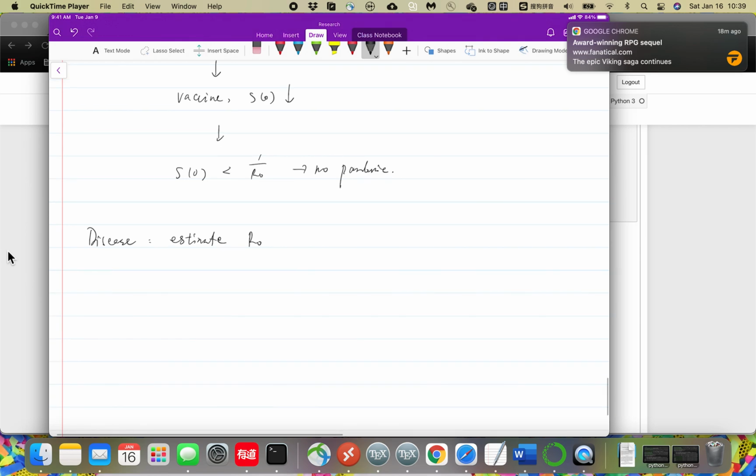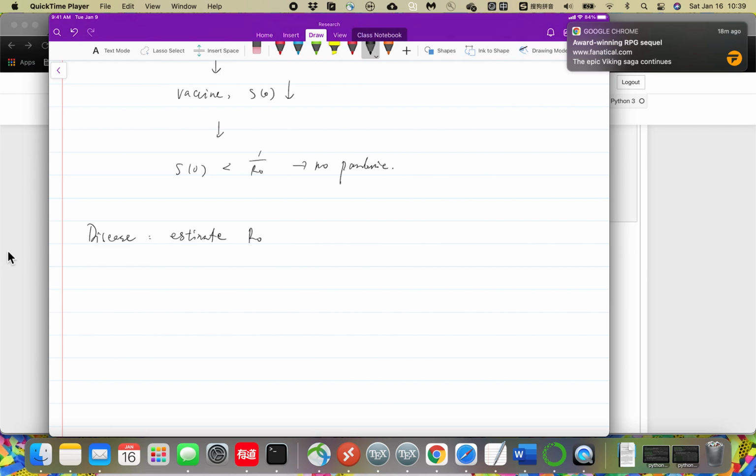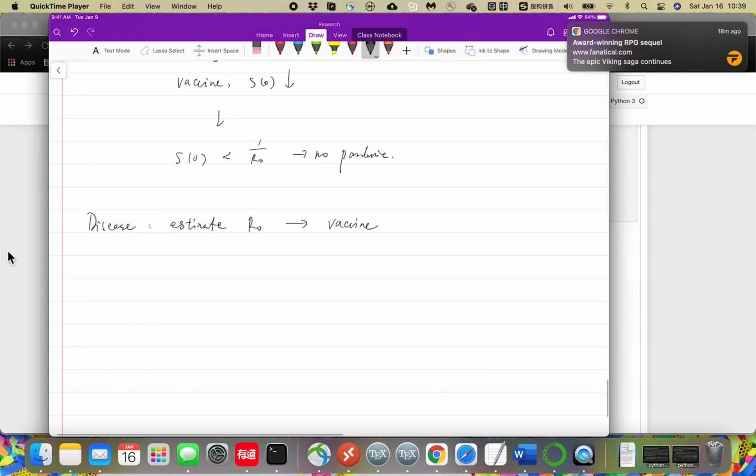Estimate R naught first. Once you have R naught, you want to use it to determine, once I have the vaccine, how much of the population should I inject the vaccine to?